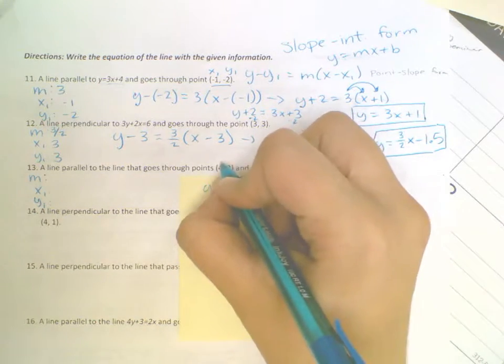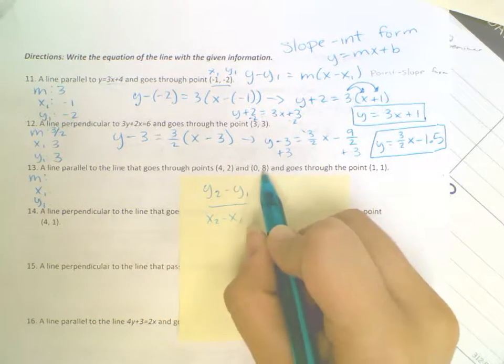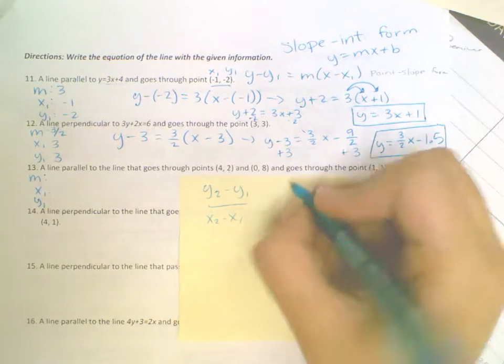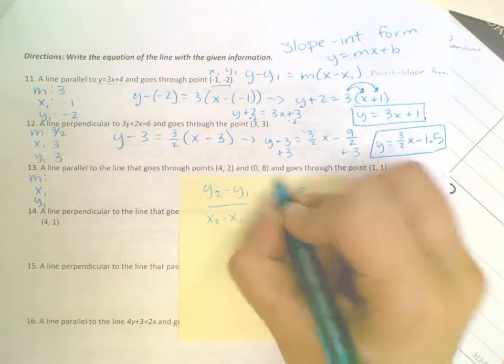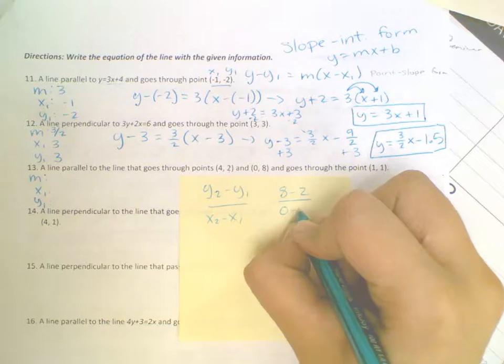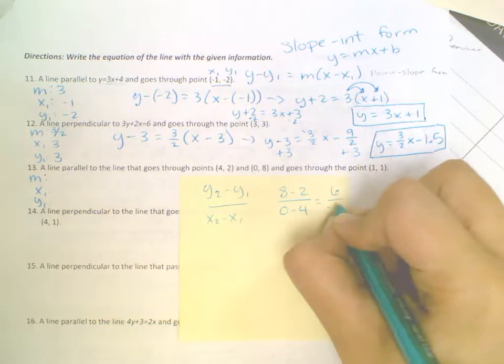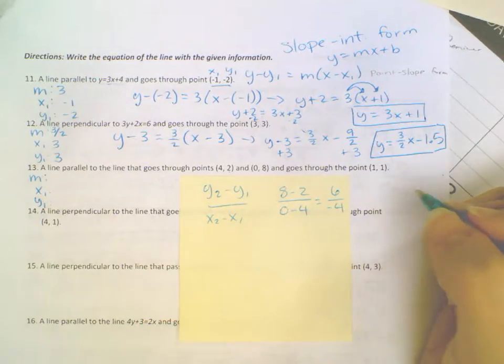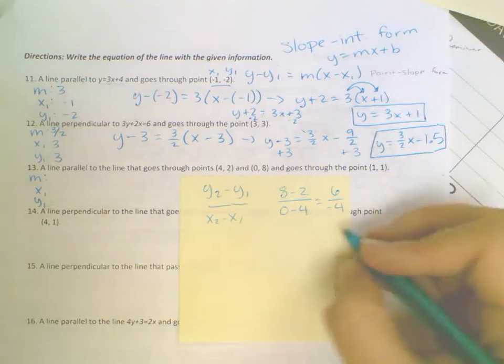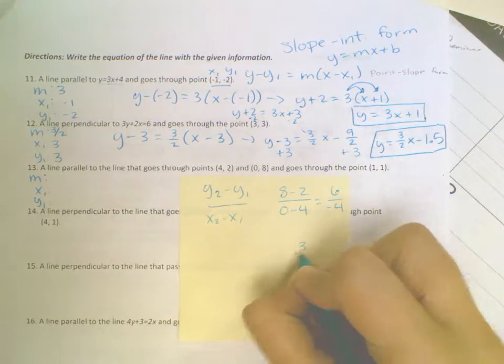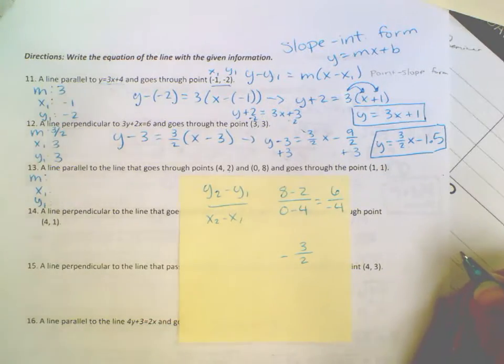So if I call this y2 and y1, it'll be 8 minus 2 over 0 minus 4, or it'll be 6 over -4, which will become -3/2.